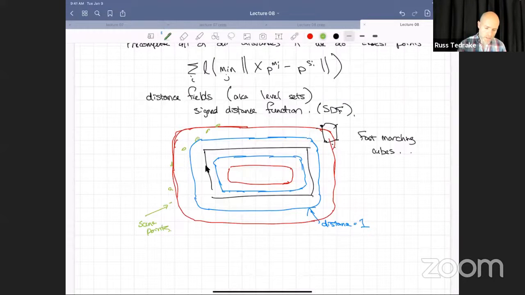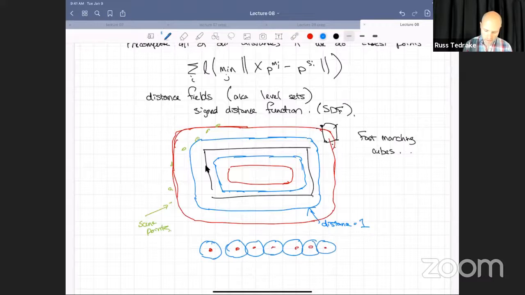Now you can do this for models that are based on a bunch of points too. You can get your distance functions as these sub-level sets, right? They would be defined like this and would have another one like this. Drawn badly, okay.